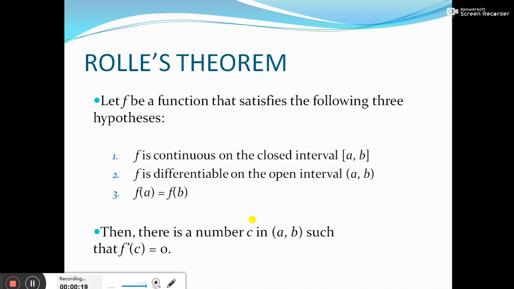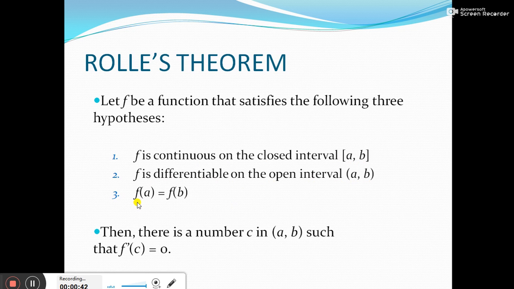Rolle's theorem. Rolle's theorem: if f is a function that satisfies the following three hypotheses. Number 1, f is continuous on the closed interval [a, b]. Number 2, f is differentiable on the open interval (a, b).